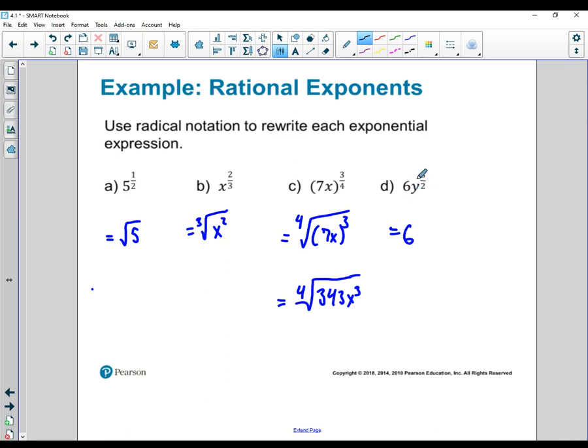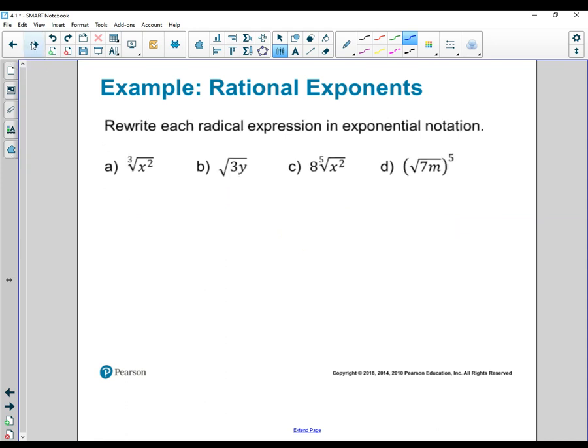But this y is to the 5 halves, or the square root of y to the 5th. And again, when it's a square root, we don't have to write the 2, because it's implied.